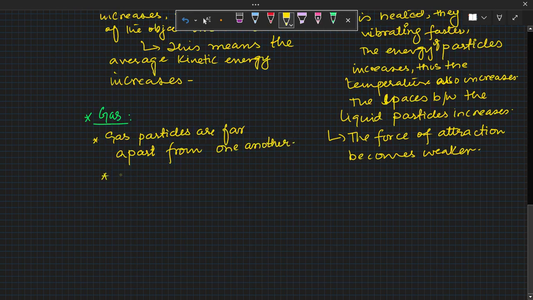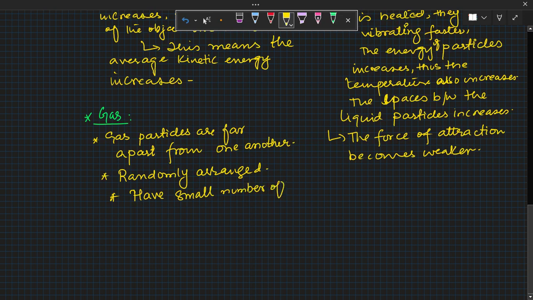And they are also considered as randomly arranged, and have a small number of particles per unit volume.